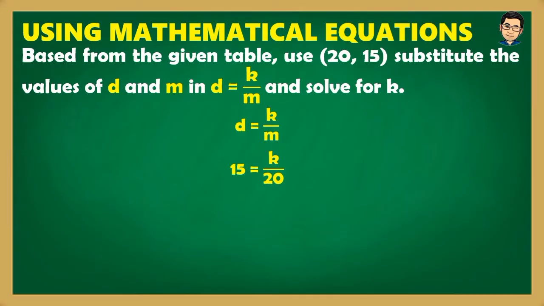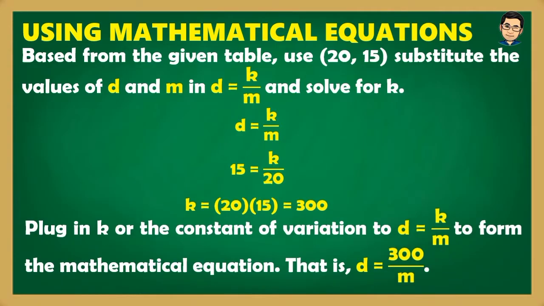Next, we cross multiply: 15 times 20 is 300. So the value of K, or the constant of variation, is 300.